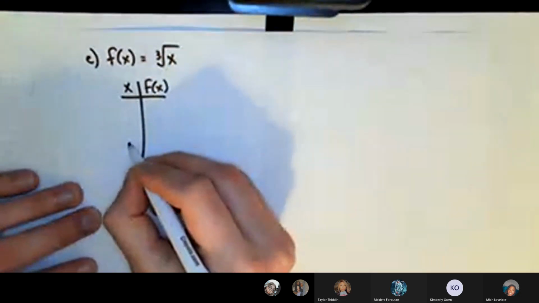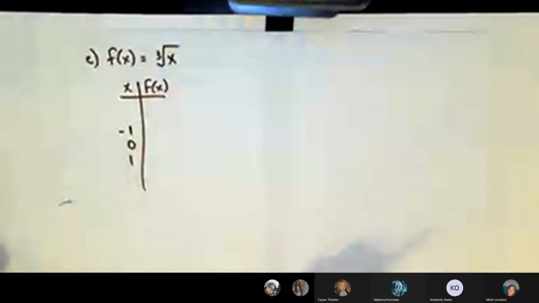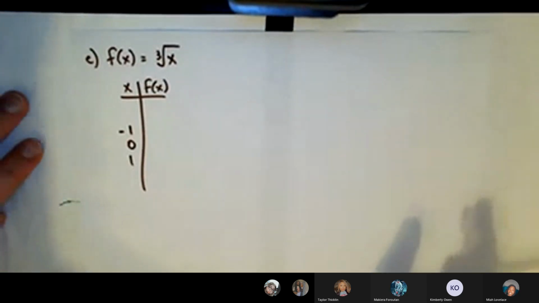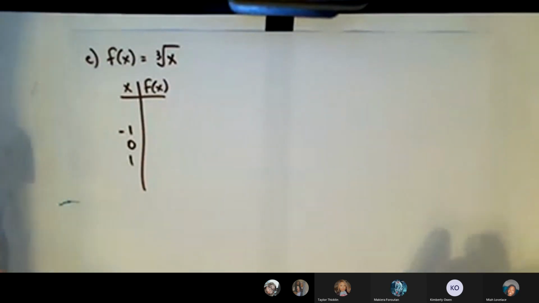What are some perfect cube numbers I could use? Well, definitely 0 is going to be there, 1 is going to be there, and -1 is going to be there as well, because negatives are okay, and 0s and 1s are always good numbers to start with when you're trying to graph something new.